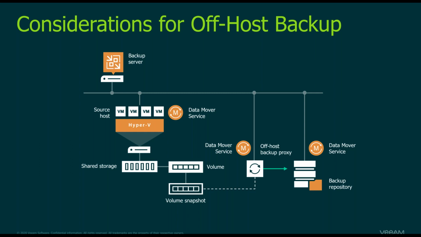The benefit of all this configuration is that that source host, that production Hyper-V server, doesn't have to spend any resources running backup, right? So the question comes down to, is the juice worth the squeeze in this scenario for the hardware investment and for the time investment? And the answer is maybe, right? It really depends on your environment. I will say that I see many, many more on-host configurations than I do off-host configurations.